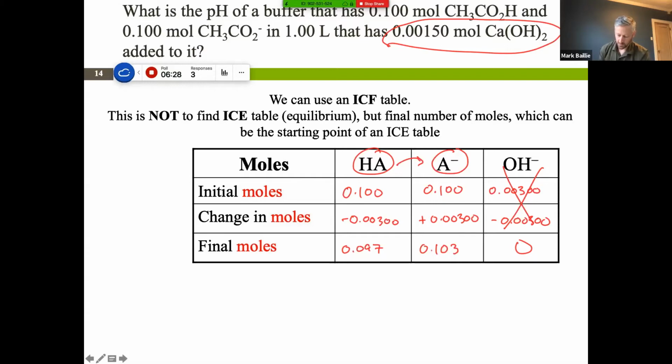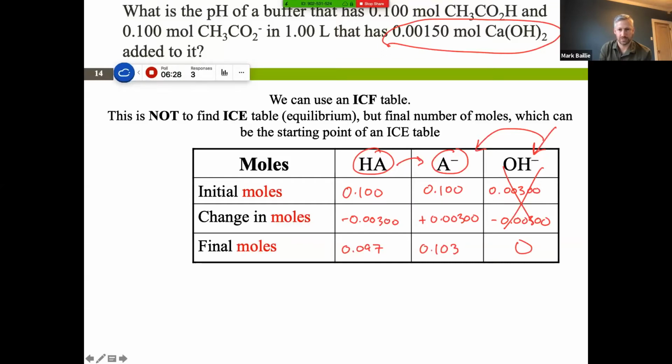So once again, we minimize the impact of the hydroxide and the change in pH by converting it into A- by reacting it with the weak acid in the conjugate acid base pair. So how do I find the pH of the solution? The last step. I'm going to wait for someone to answer this.